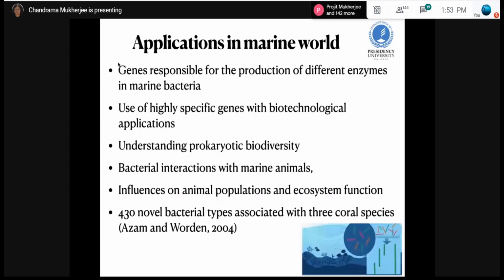This approach has offered very useful information at the genome level, such as the massive marine prokaryotic metagenome sequencing project, which is providing a tremendous database for discovering metabolic capabilities and new ways to conceptualize and study prokaryotic biodiversity. Not only that, it helps us determine the bacterial interaction with other marine animals and the overall influence on animal populations and ecosystem functions.